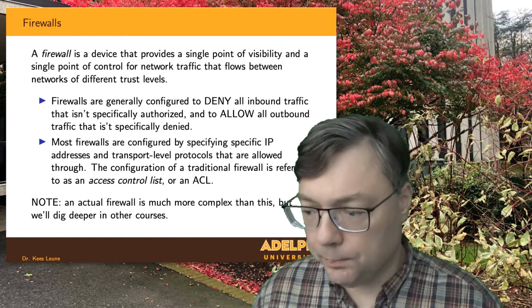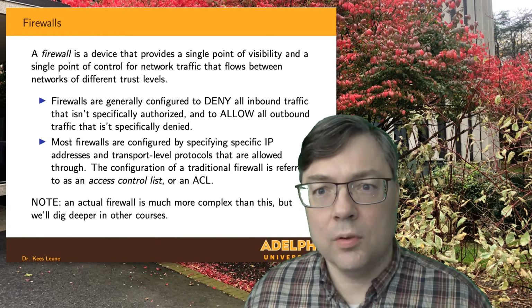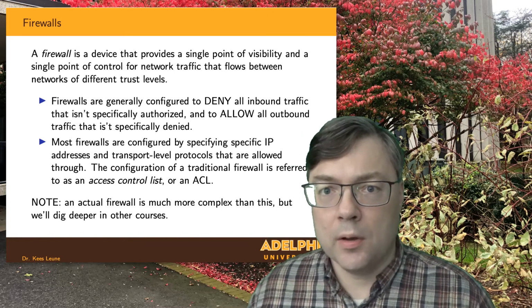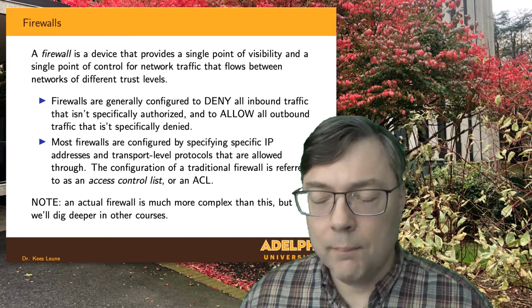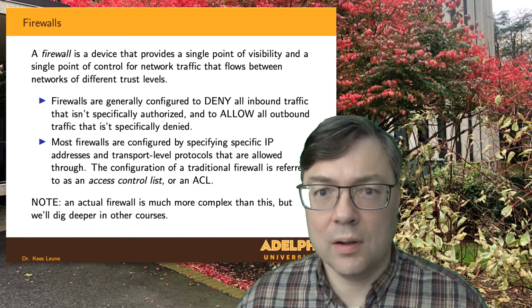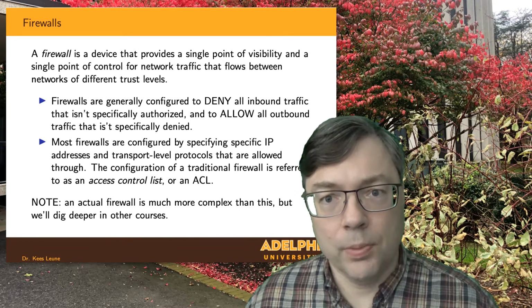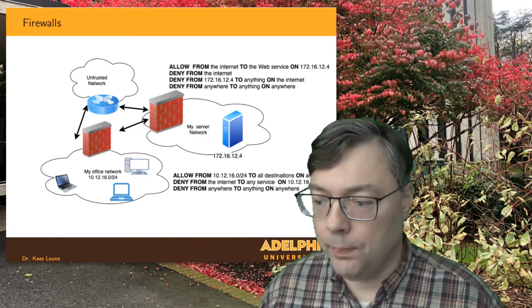Now, the reality of networking, as I've mentioned several times in this topic, is much more complex than what I make you believe here, but the big concepts stand. The firewall is configured by explicitly specifying what traffic is allowed through and which is not. And then it will enforce it. It's just an access control device.